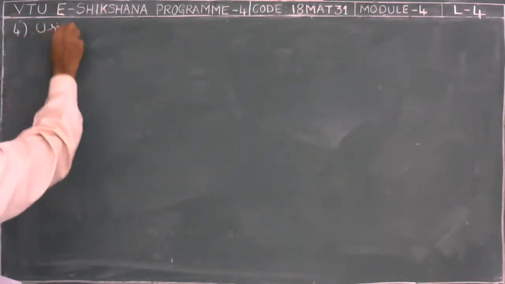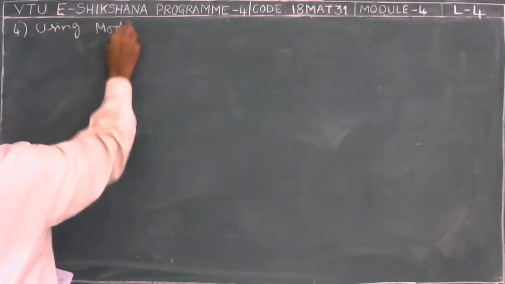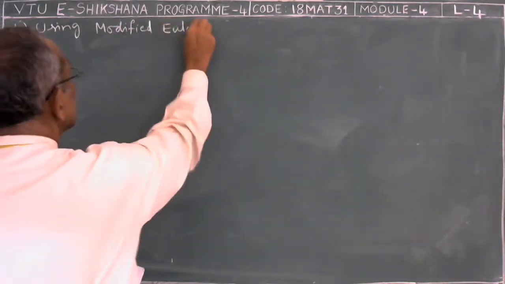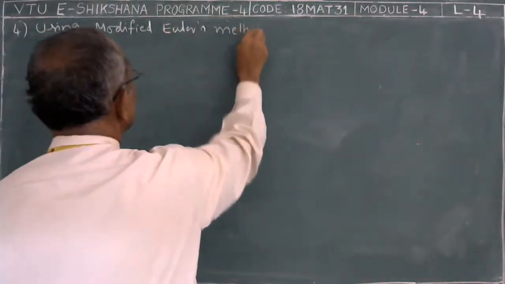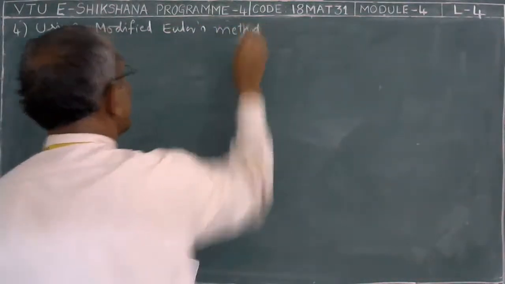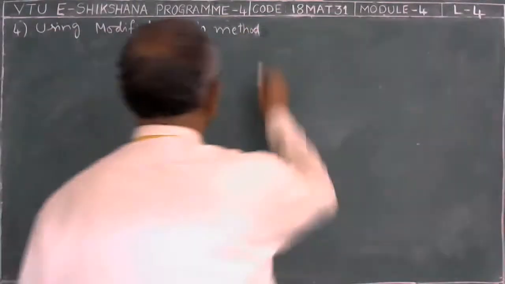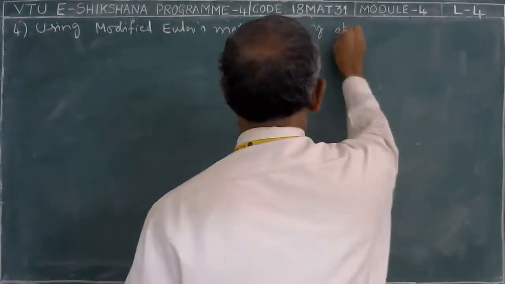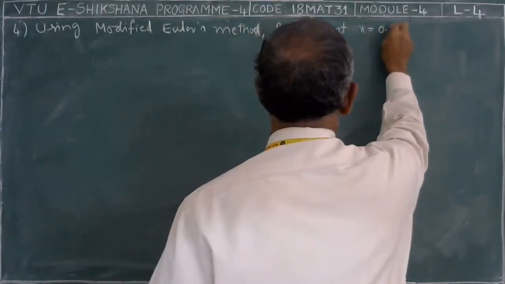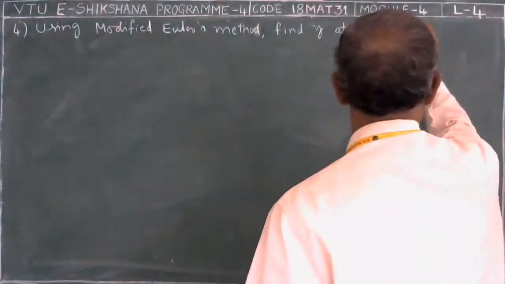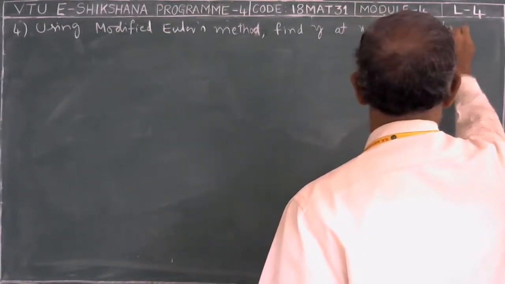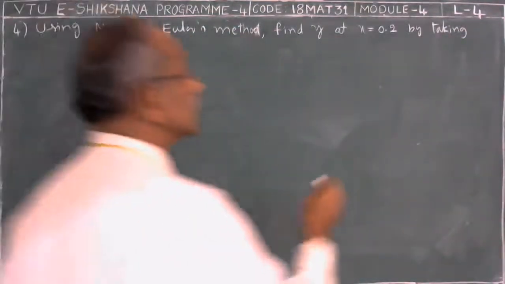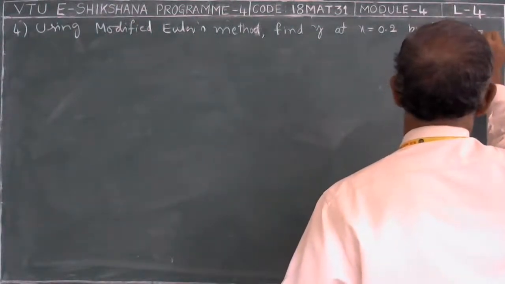Using modified Euler's method, find y at x is equal to 0.2 by taking h is equal to 0.1.